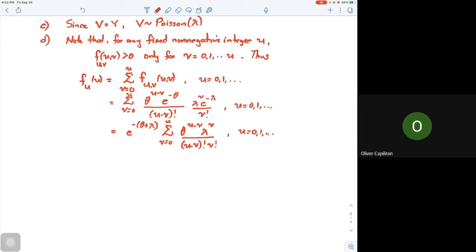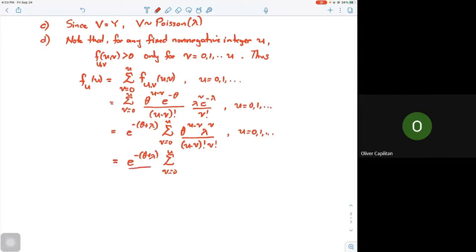Okay, so to simplify this further, we have e to the negative theta plus lambda, and the summation v from 0 to u. Then we have here u factorial.